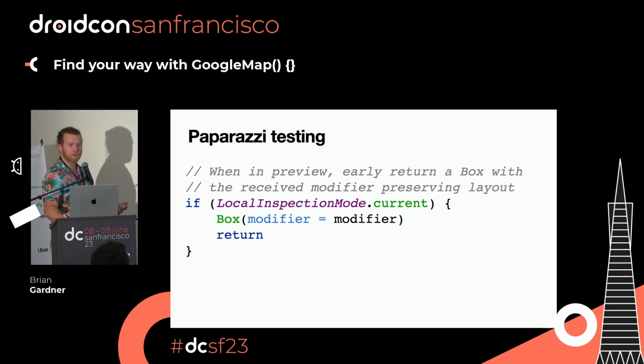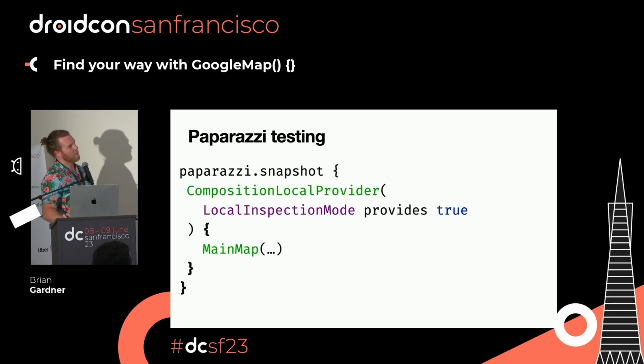So that's what we did too. Inside of our tests, when we use the map, we basically also provide the local inspection mode flag. So it's not the best because I would still like to snapshot the map with markers and things on it, but until that is somehow supported, at least we have kind of the rest of our custom UI snapshotted as well.